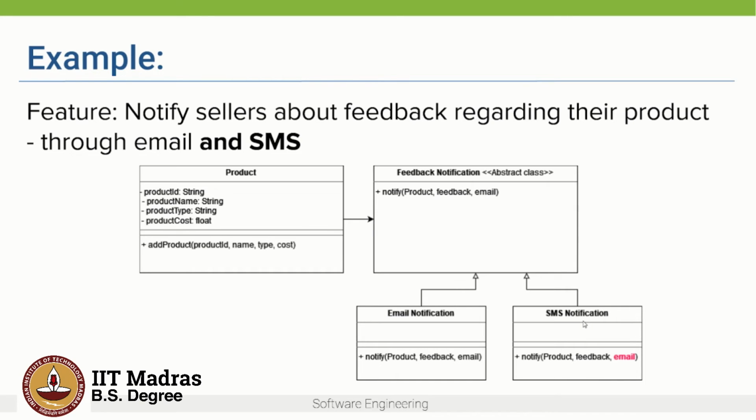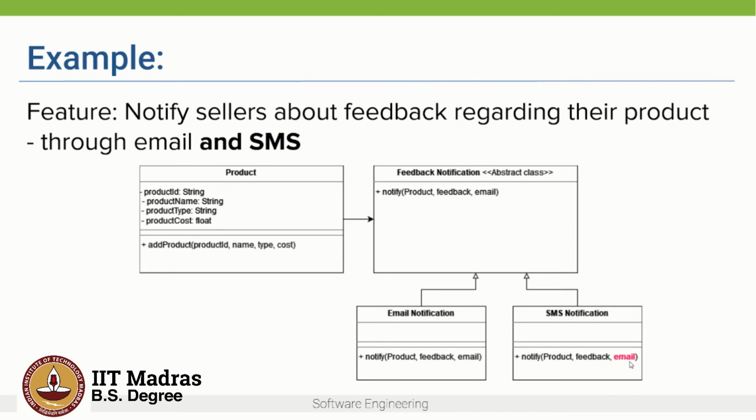And we can implement the logic of how sellers will be notified through SMS in the notify method. However, there is a slight issue here, right? If you've noticed, the third parameter is email, and here instead of email we need to have a mobile number field, right? Since we are going to send an SMS to a particular mobile number and not an email.